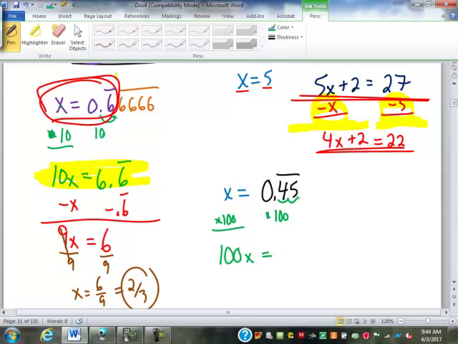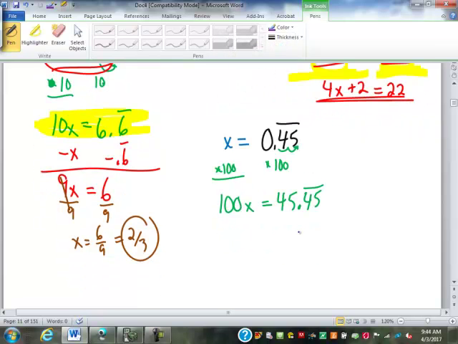Moving the decimal point over 2 spots, this is 45.45 repeating. And then I'm going to do the same thing. I'm going to subtract that 0.45 repeating, which will leave me with just 45 over here. On the left side, I'm going to subtract x. So 99x.